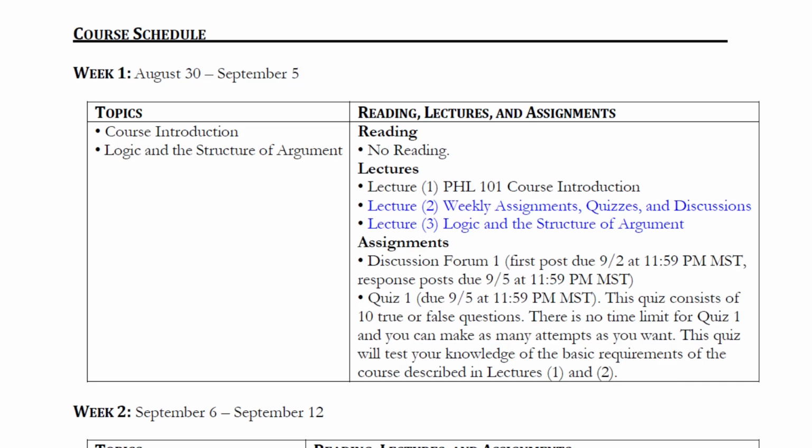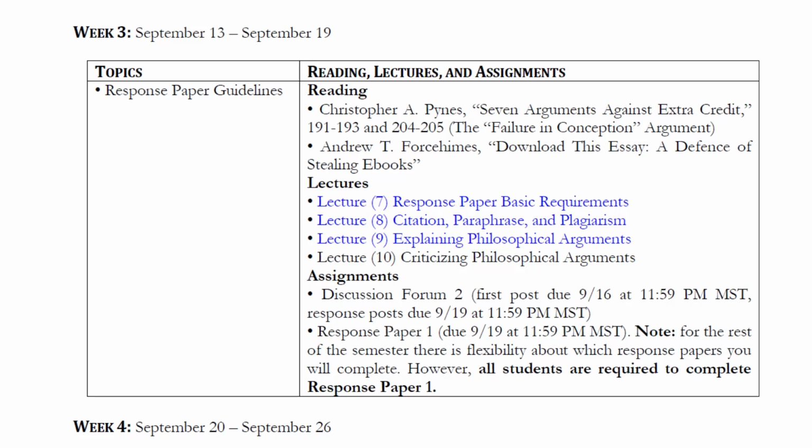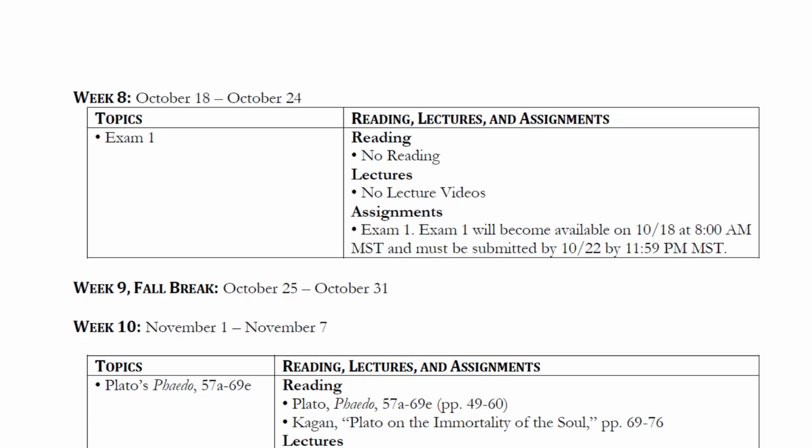Here we see that discussion forum 1 and quiz 1 are both due this week. In week 3, to take another example, we can see that discussion forum 2 and response paper 1 are both due. And to consider one final example, the course schedule shows that exam 1 will be due during week 8.